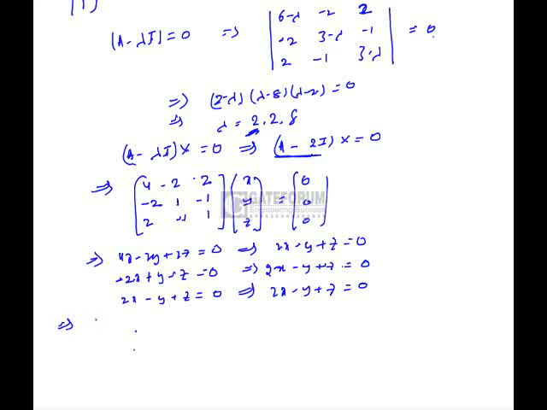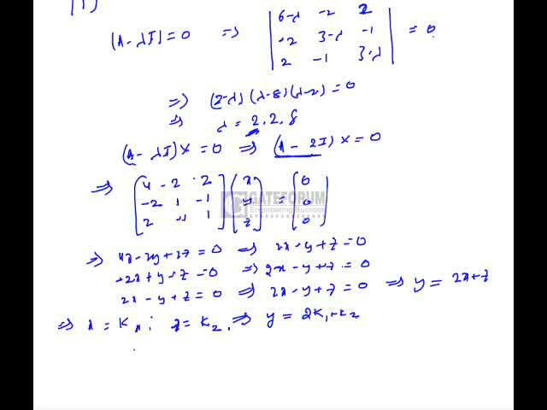So here y is equal to 2x plus z. Let us suppose x is equal to k1, some constant, and z is equal to k2. Then we will be getting y is equal to 2k1 plus k2, because y is nothing but 2x plus z.